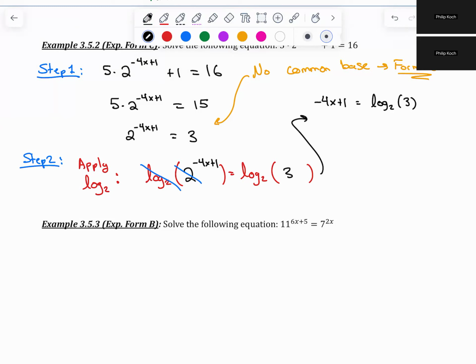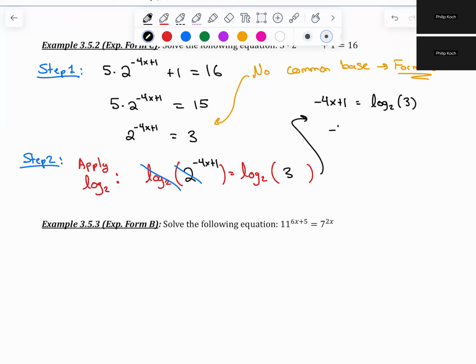Which doesn't look great at first, but we have to remember log base 2 of 3 is just a number. It's just a number, like you or me, right? It's an irrational number, but it's a number nonetheless. So we can solve for it. We just need to solve for x. So what we need to do, subtract 1, divide by negative 4, and we're all done.